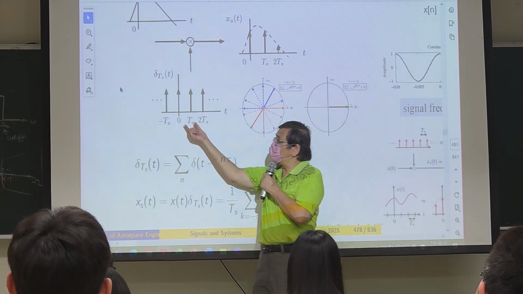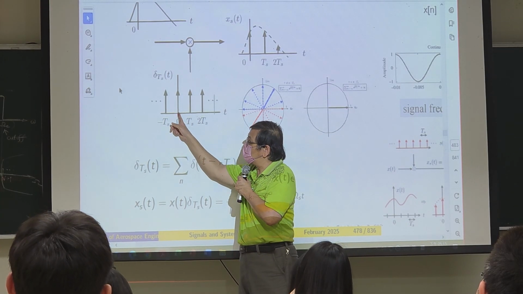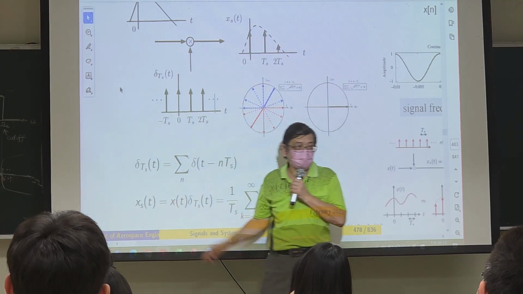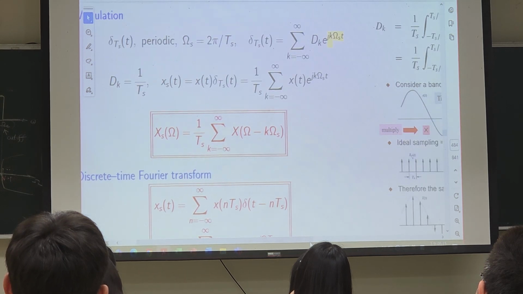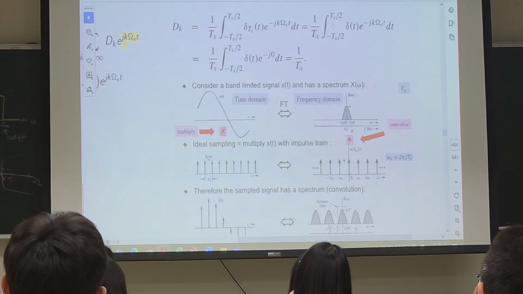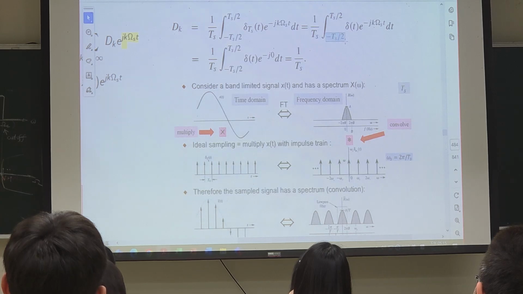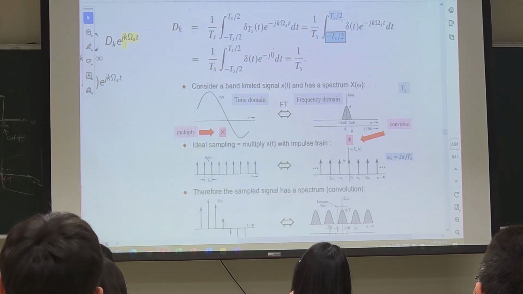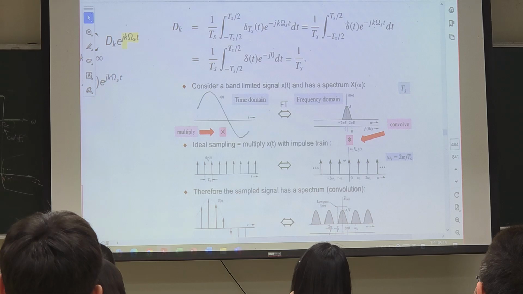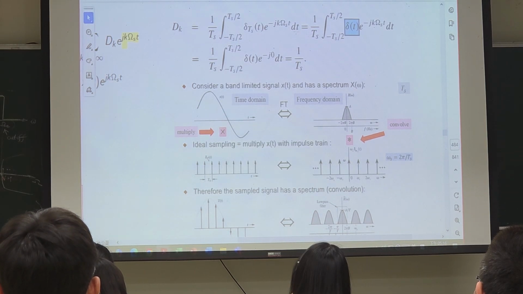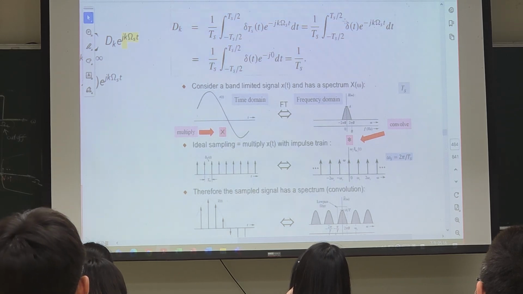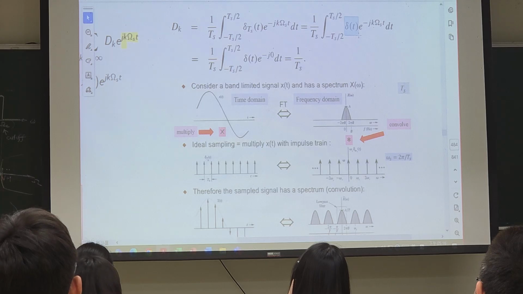In this integration interval, there's only one impulse, which is delta of t. So you can replace this impulse strength by this single delta function.